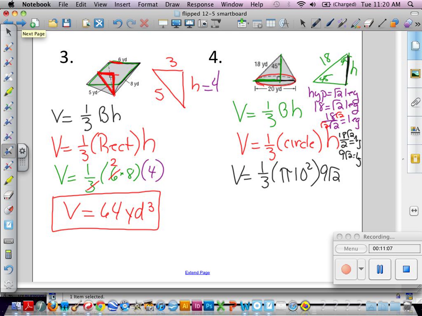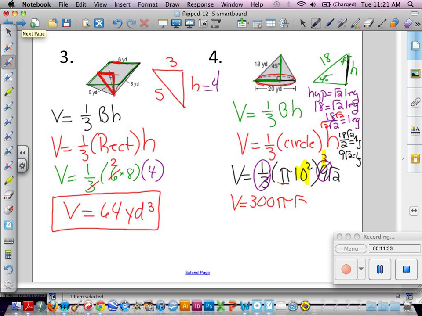So at this point, I'm going to take 1/3 and 9. I'm going to cancel. That gives me 3. I've got my 100 times 3, so that gets me 300. 300, then I got pi, and then I've got root 2.